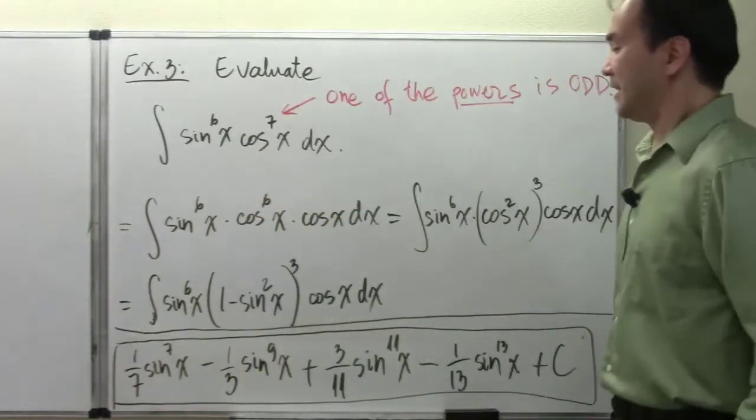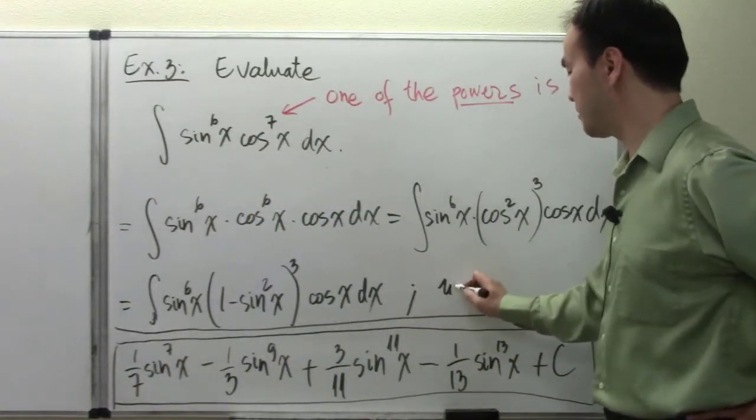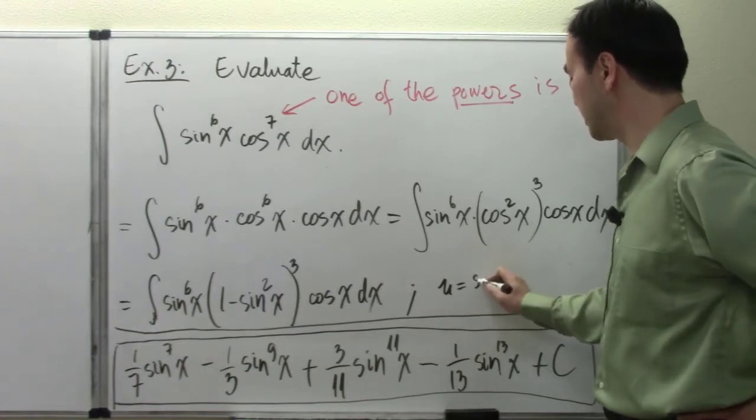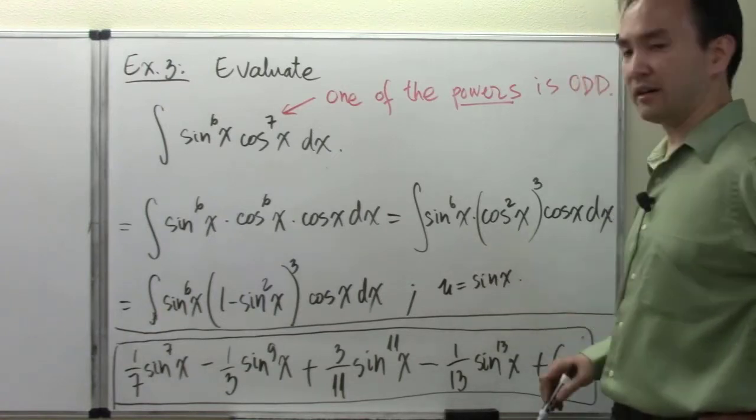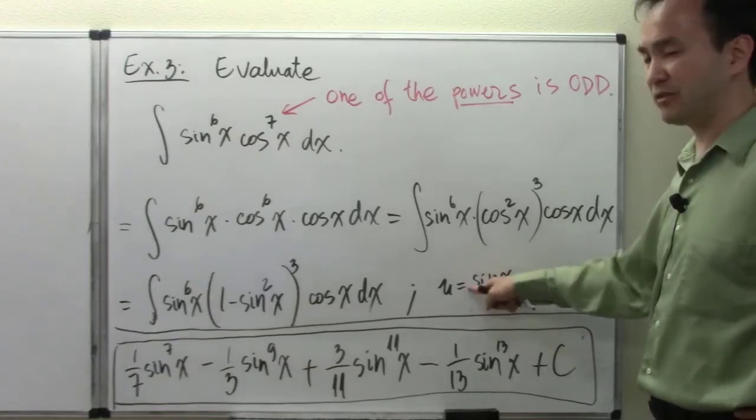We've come a long way, and let me remind you. We made that substitution u equals sine of x here, and I didn't have to remind anyone about all of that other fancy stuff after the substitution.